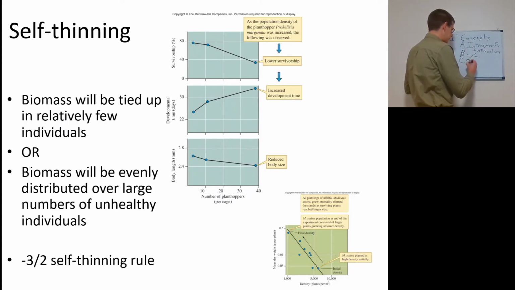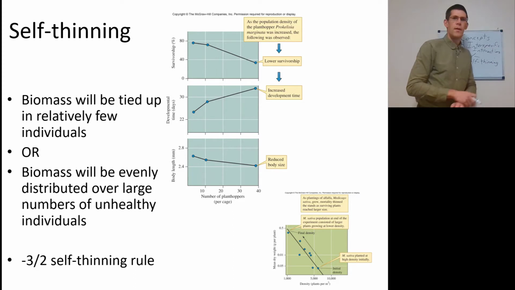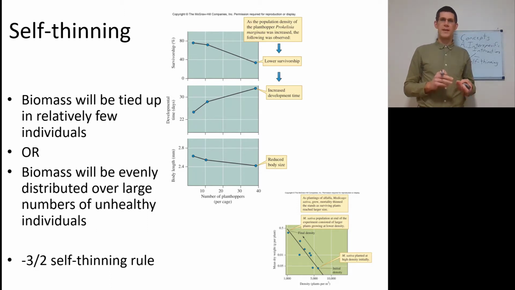This is where we start with far too many individuals, far too many plants in an ecosystem. My camera is currently at work for Zoom purposes, so I can't take it outside and show you what my yard looks like.